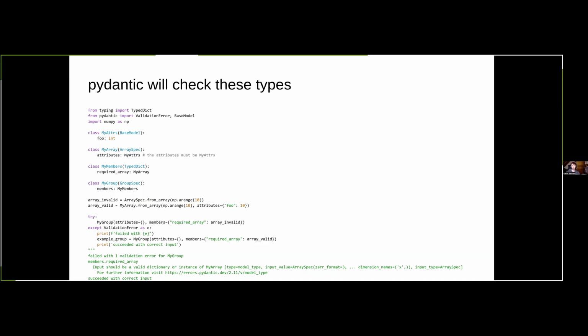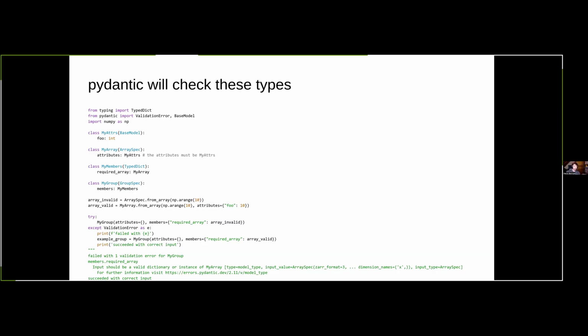And then I'm also going to use Pydantic's BaseModel to define a model of some Zarr attributes where we're opinionated about there being a key called foo, and it should have the value int. So then I define an array, which inherits from ArraySpec, but I've overridden the type of attributes to say the attributes must be my attributes. And then I've defined my members, which is a TypedDict, and that has a key that must be there. And the key is called required_array, and it must be my array. And then my group has members that are my members, and so on.